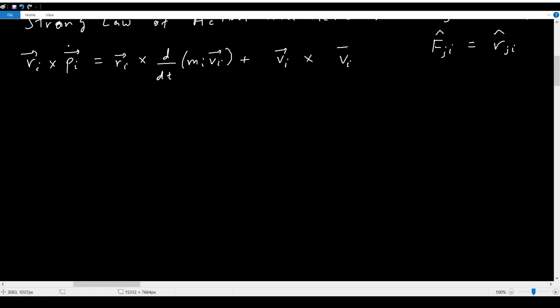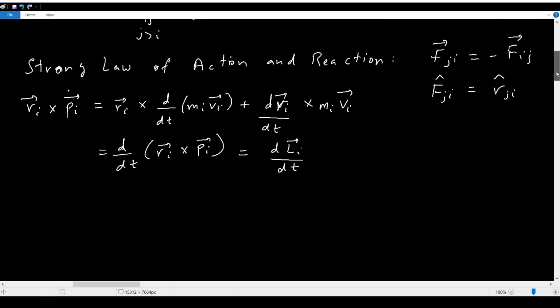We did this before as well, because this is 0, and we can write mi here because again this is still 0. And so what this vi here, we can write this as dri dt. So this is the same trick we did before, and the time derivative just comes outside, and this just becomes ri cross mi vi or pi, and r cross p is of course the angular momentum, d li dt.